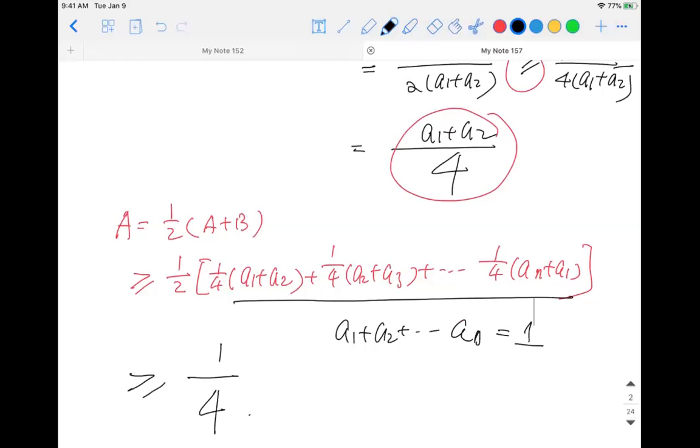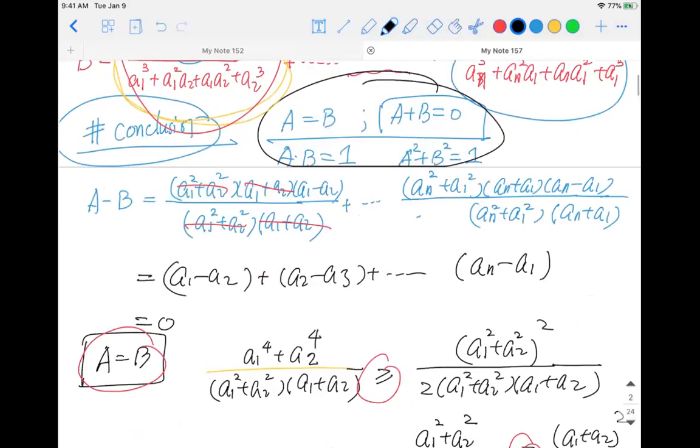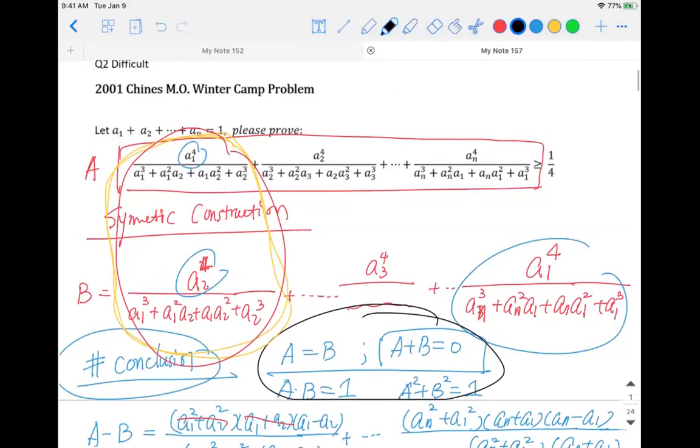So the beauty of this problem, I like to do a quick recap, is that as long as you see a cyclic thing, try to do a construction using a similar cyclic pattern. For this problem, it's very understandable. You replace A1 to the power of 4 by using A2 to the power of 4.